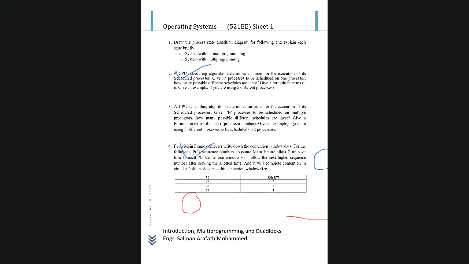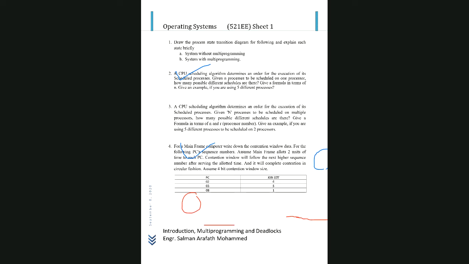A CPU scheduling algorithm determines an order for the execution of its scheduled processes, given n processes to be scheduled on multiple processors. Now you see, not one processor, multiple processors. He has not given the number of multiple processors, so we assume some r number of multiple processors. How many possible different schedules are there?